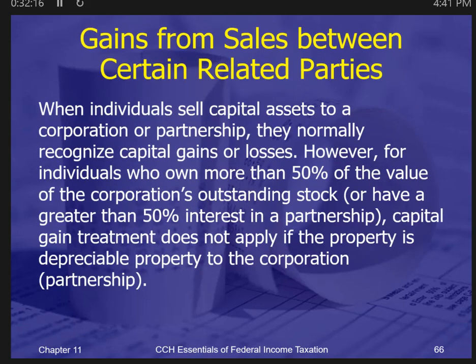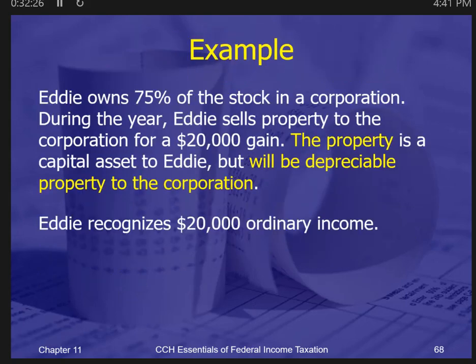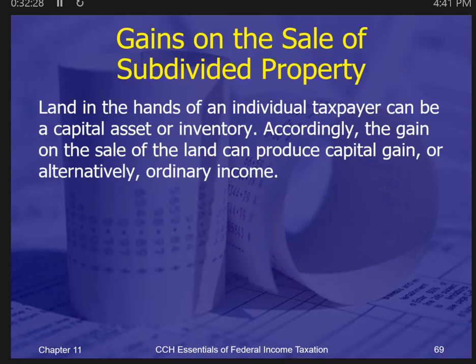All right. Capital assets could be ordinary if the sale is between related parties. We're not going to spend a lot of time with that. Gains on subdivided property: buy a piece of land and then you break it into lots in order to sell it.